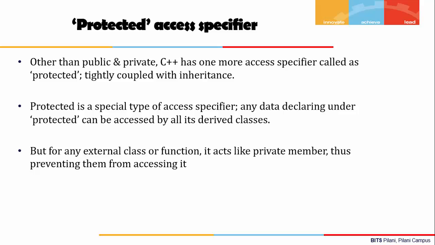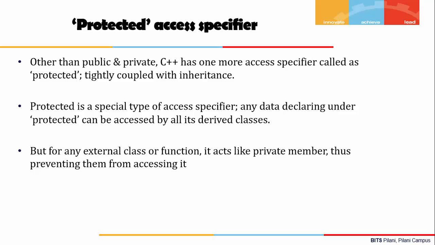But with inheritance, we have a base class and a derived class. So will the derived class be able to access the base class members? The answer is that member functions can access members of the base class if the members are public.